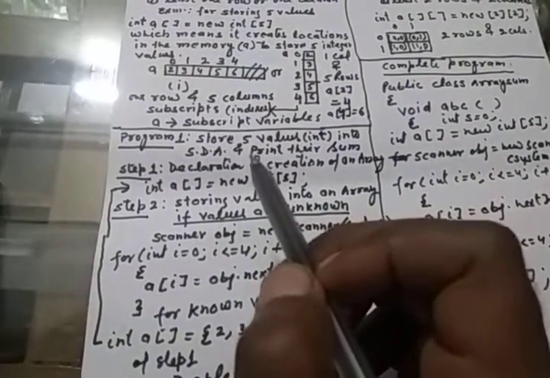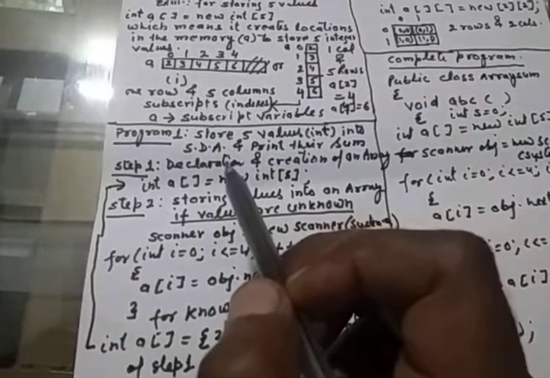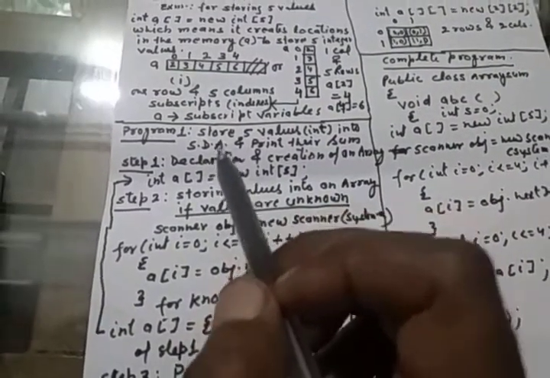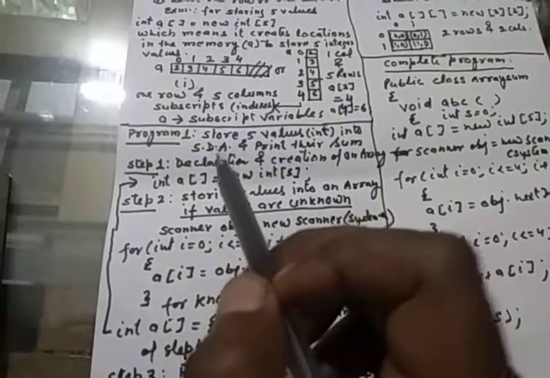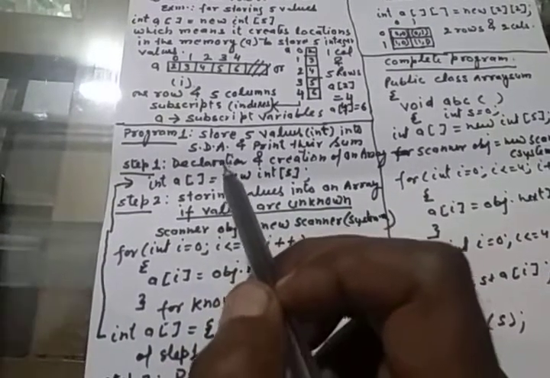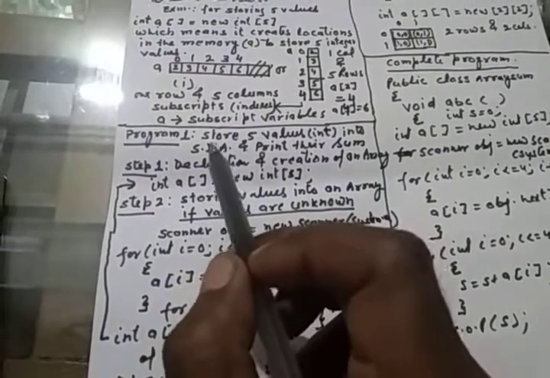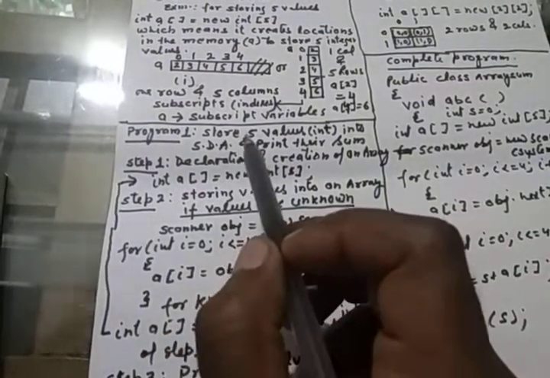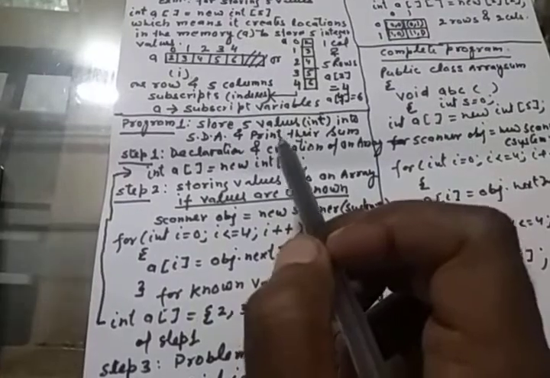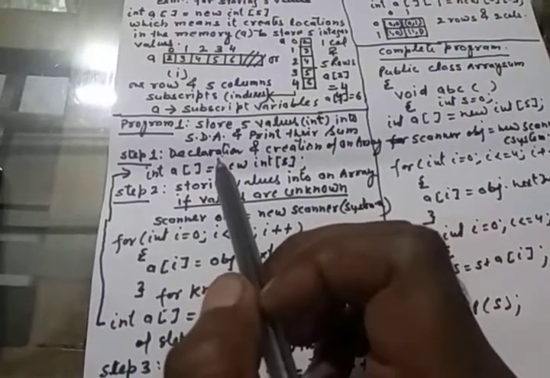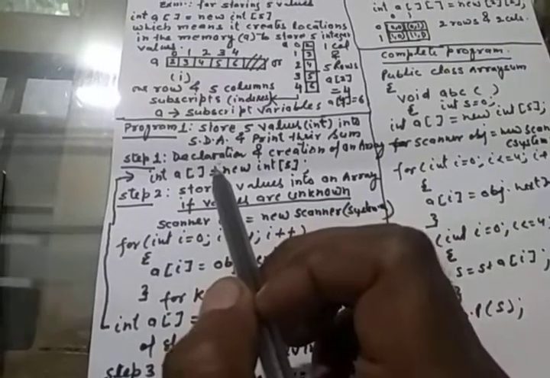And as you studied in string, the first location will start from 0. In the same way here in array, the first location or the first index will be 0. So step 1 for solving this problem: the problem is storing 5 values into a single dimension array. First, 5 locations must be there in the memory variable.